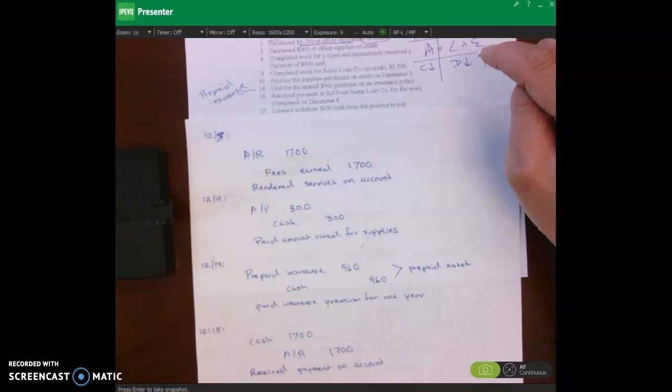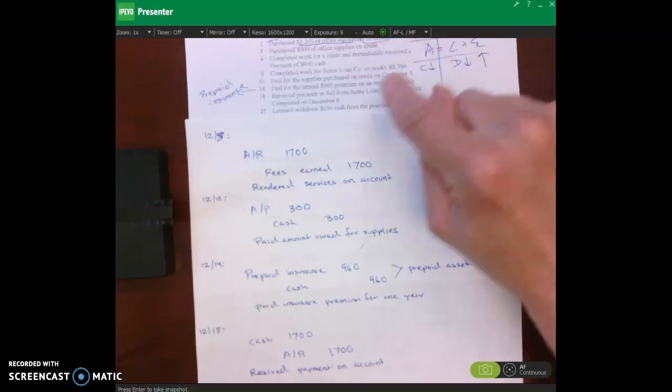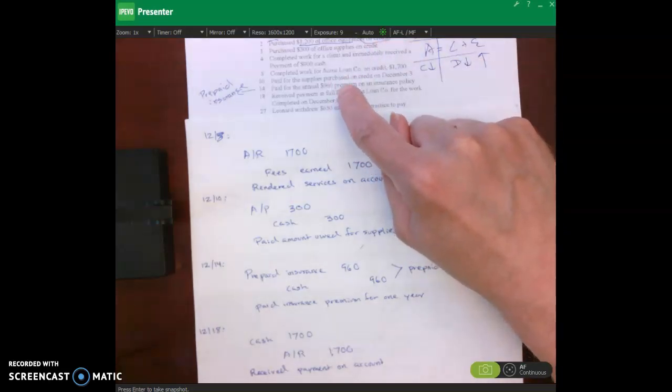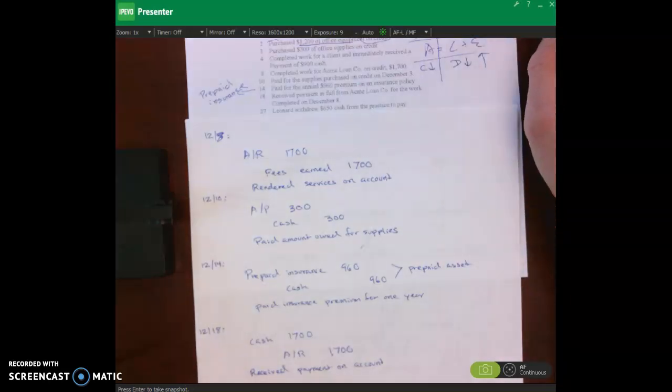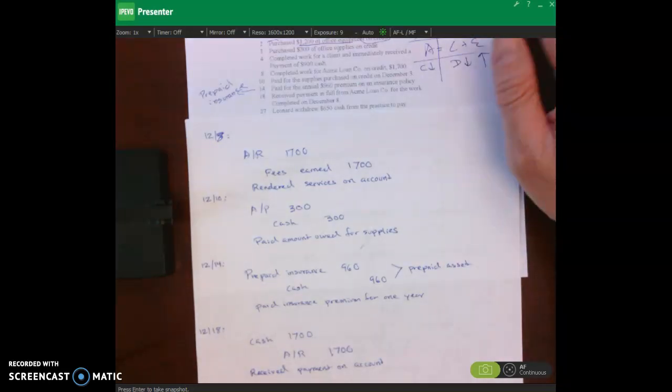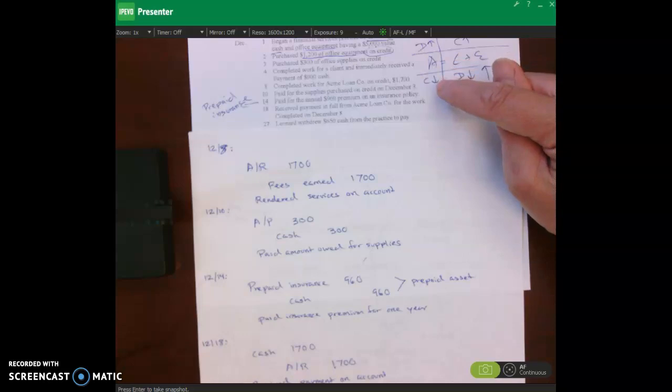On the 10th, it said paid for the supplies purchased on credit from December 3rd. So I paid for those office supplies. Whenever you see the term paid, what that means is right away cash is going down. And how do we recognize that cash is going down? Remember, cash is an asset. How do I decrease an asset? With a credit.